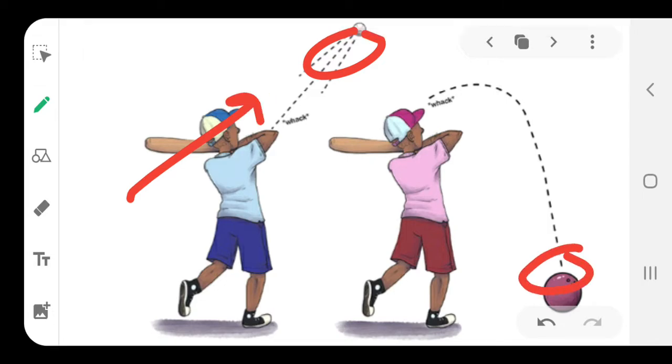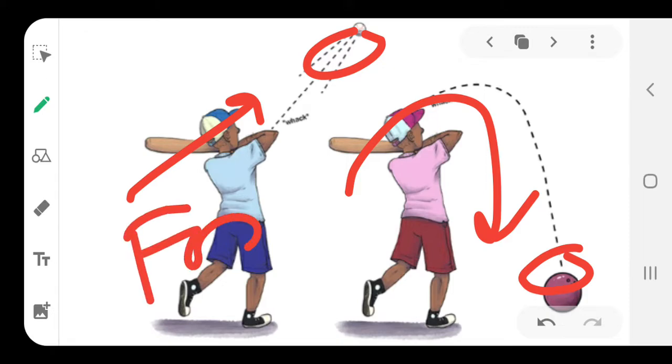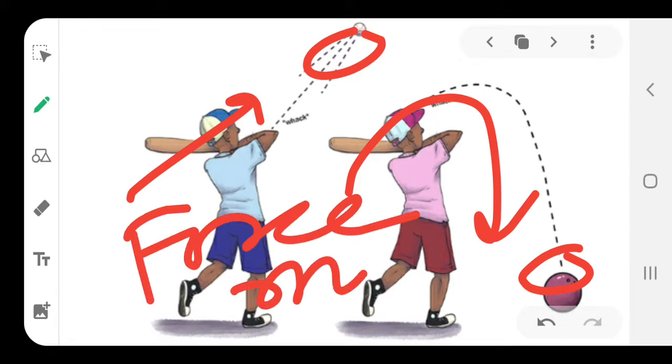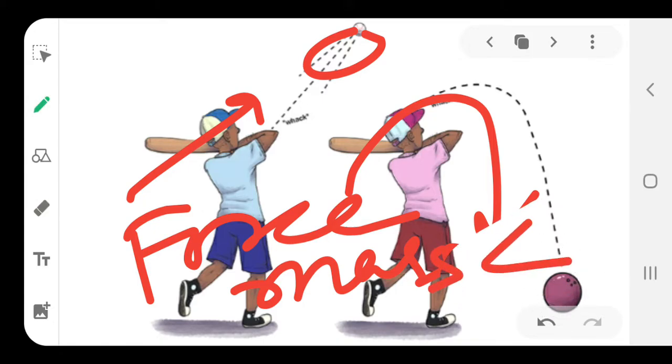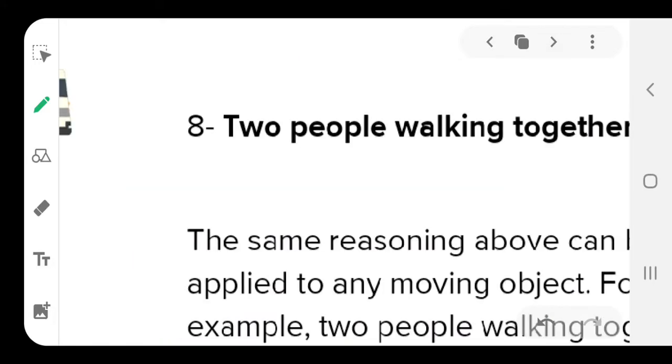If the ball is heavier, with the same force, it just falls nearby. That means in order to send the body farther, if the force applied is the same, the mass of the body should be less.